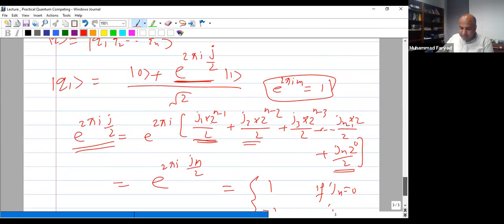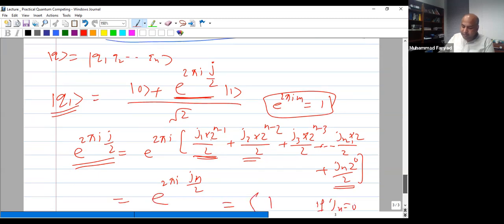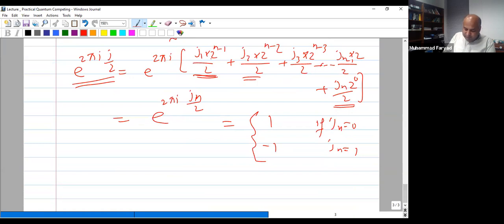So it means that at least getting q1 is now very easy, because all I have to do is make sure that this number is plus 1 when jn is 0. So let me just write straight again.